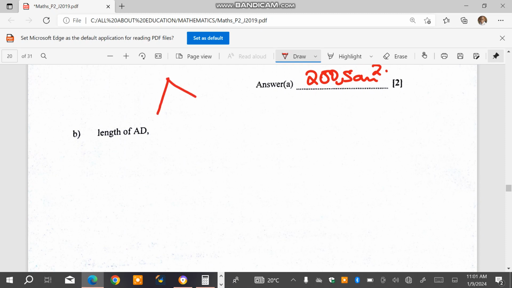Let me just redraw it here. We have 24 here, and 26 and 40 degrees, and this is A, this is D, this is B. So this is the angle. What are you going to do to get AD?